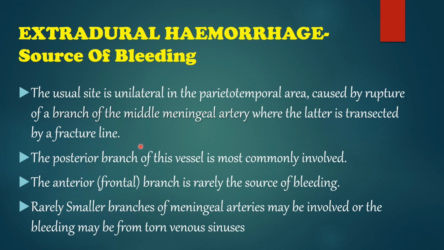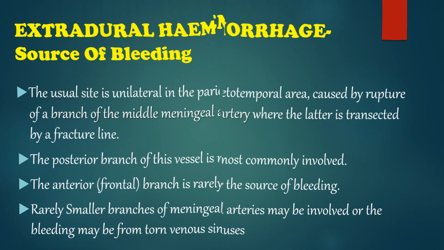So it is caused by a rupture in the branch of the middle meningeal artery. The posterior branch is most commonly involved, the anterior branch is rarely involved, the ethmoidal artery can be a culprit also, and dural venous sinuses are a rare cause.